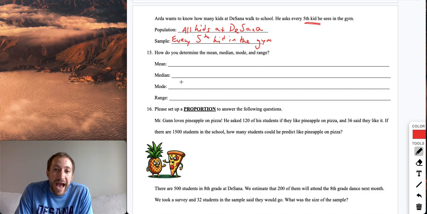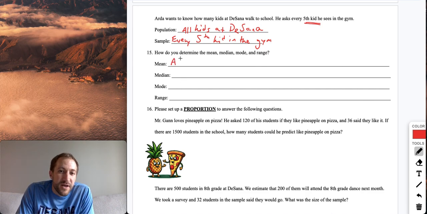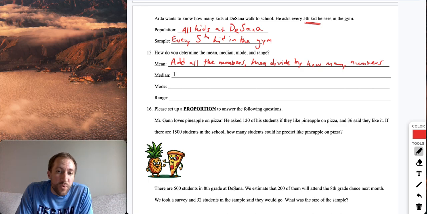The next one, how do you determine the mean, median, mode, and range? The mean, that's like the average. That's where we add up all the numbers, then divide by how many numbers there are. The median, that's where we order from least to greatest.